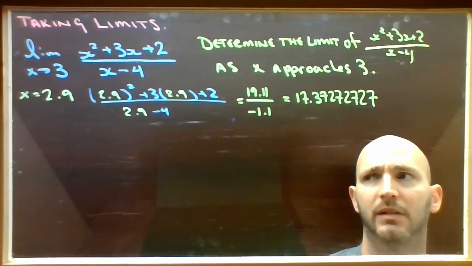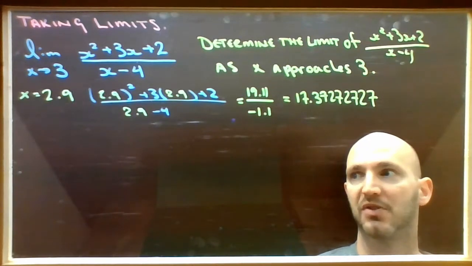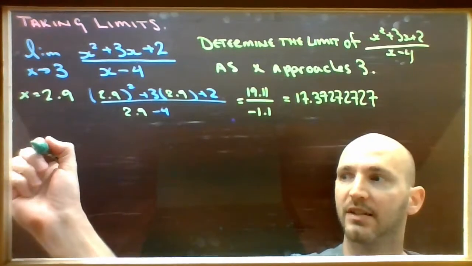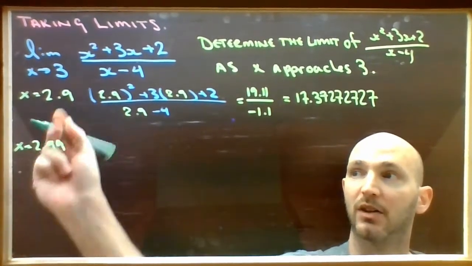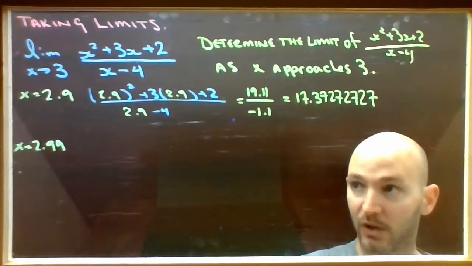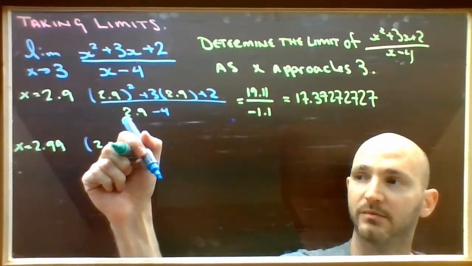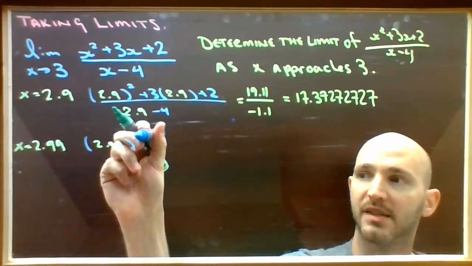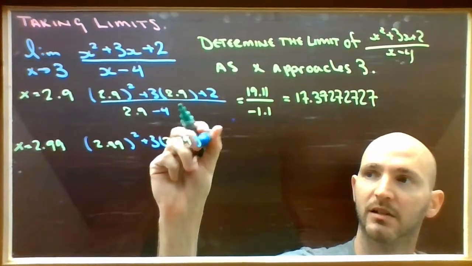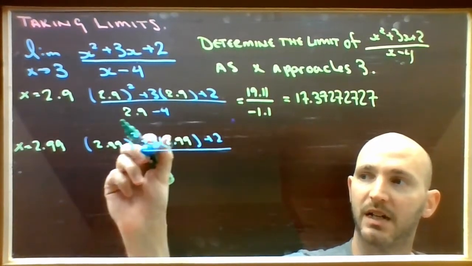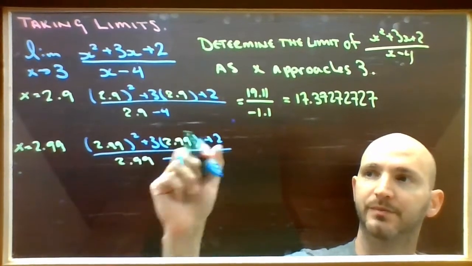What were we doing? Right, the limit of that thing as x approaches 3. So I've done one, I need to do another one. x is 2.99. That's getting closer to 3. So I'm going to take 2.99 and square it, plus 3 times 2.99 plus 2, and divide by 2.99 minus 4.